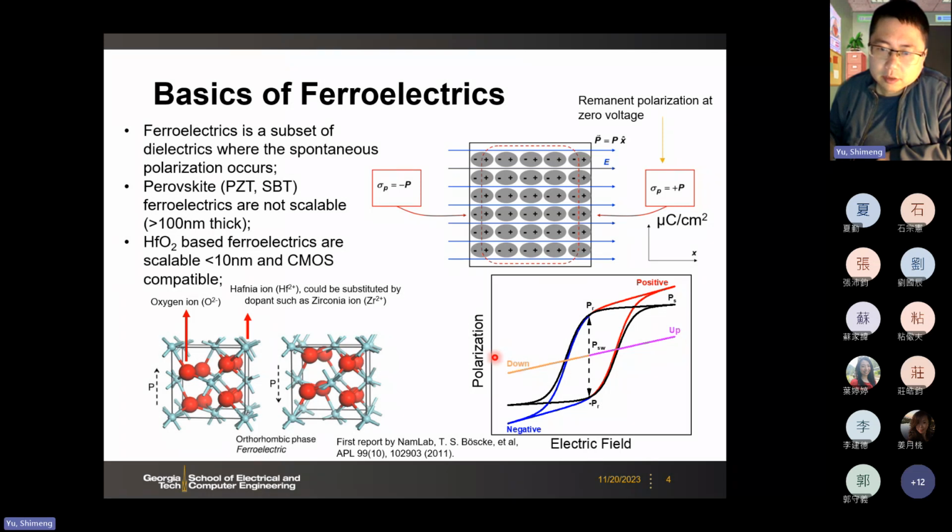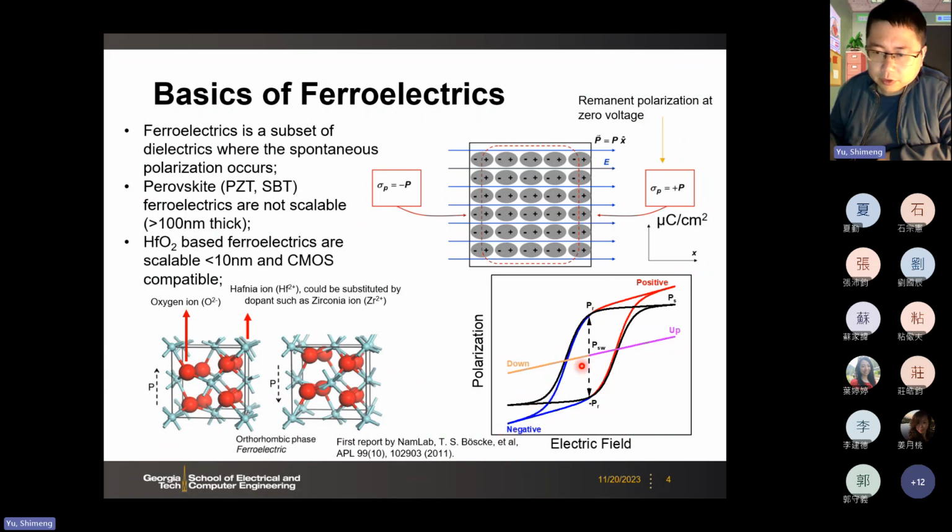And then here is the polarization versus the electric field. This is how we characterize the ferroelectric property. Basically, if you measure the surface charge, you get this hysteresis loop. You can apply a positive voltage to polarize the dipoles up, and then sweep the voltage back to negative to polarize the dipoles down.